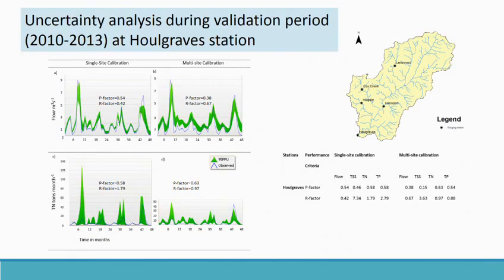So this suggests that multi-site calibration gives less uncertainty compared to single-site. Over here we have highly uncertain total nitrogen simulation, and this is represented by the R factor. The R factor is comparatively less than single-site, and similarly for total phosphorus we can see that the R factor has been reduced. So multi-site calibration attempts to give less uncertain simulations.